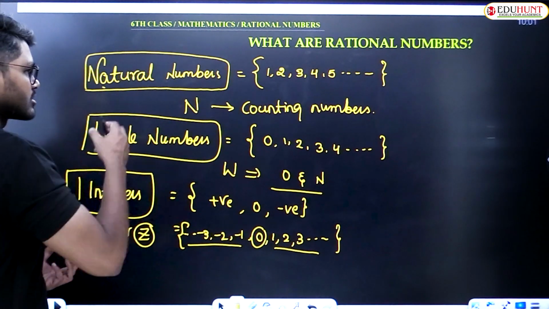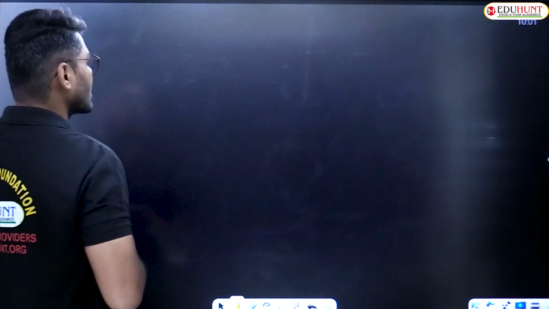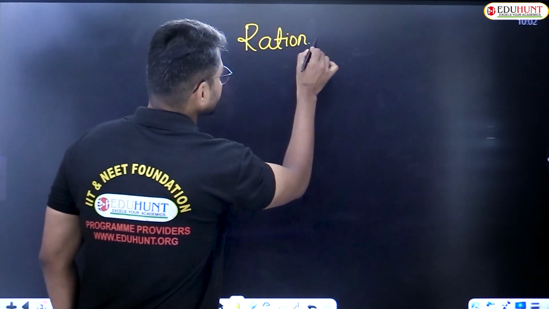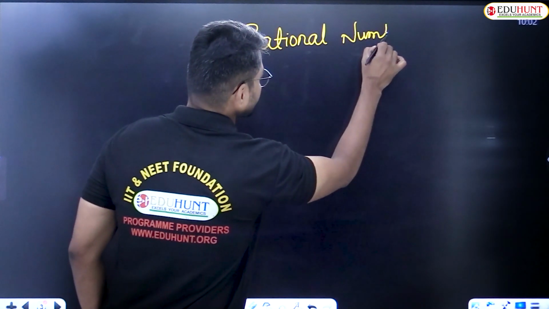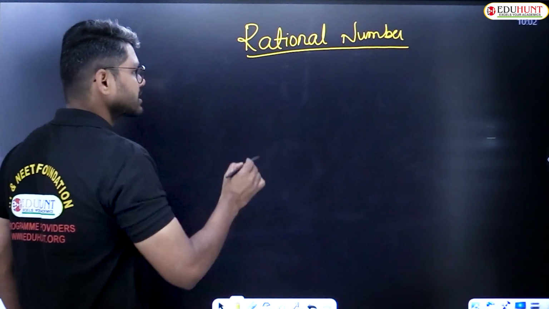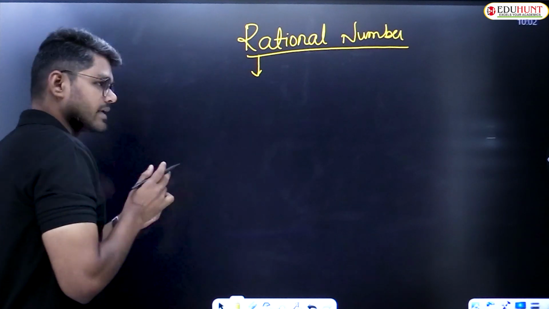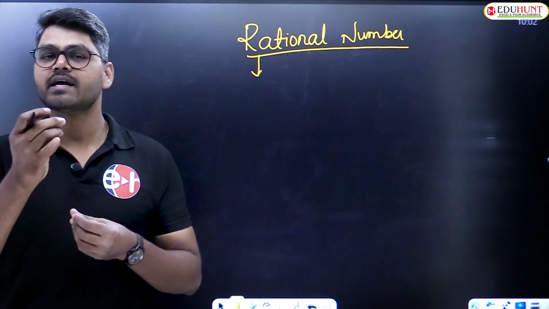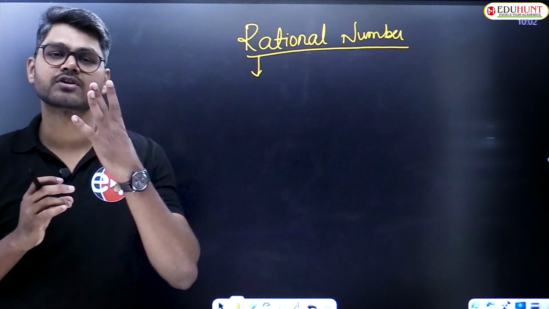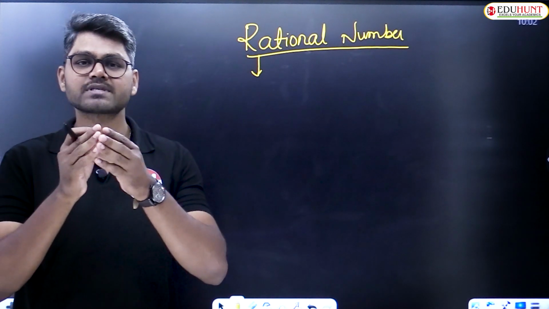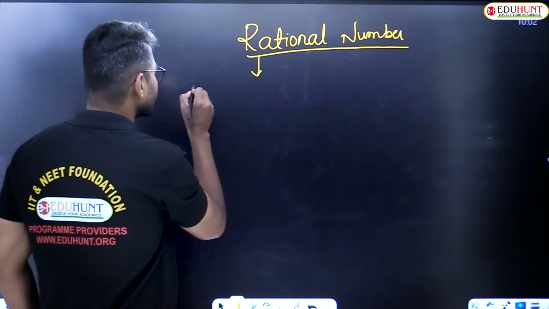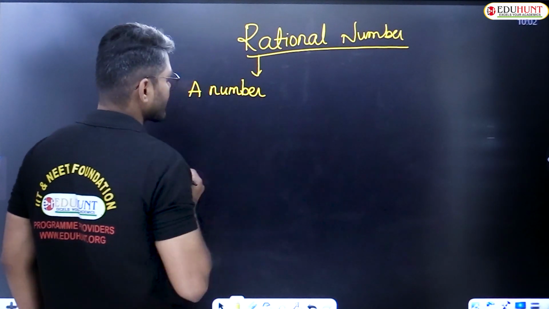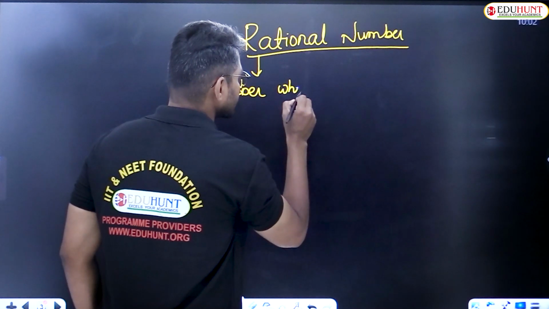Okay. Let's look into rational numbers. What are rational numbers? A number which is in the form of p by q, where p and q are integers and q is not equal to 0, those numbers are called rational numbers.